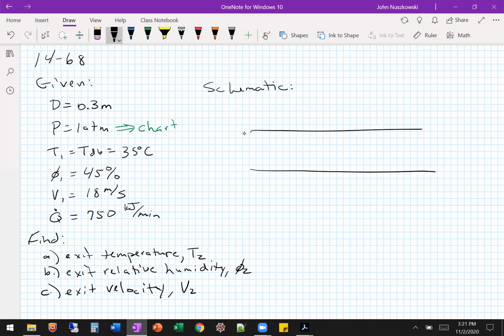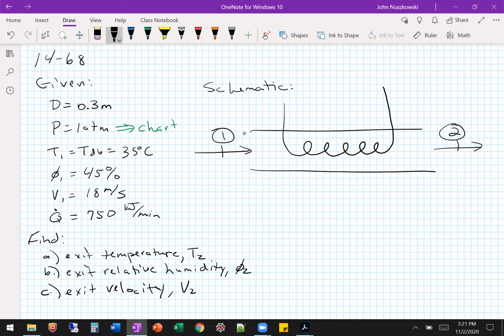All right, so we have our section of duct. Air comes in at state 1, leaves at state 2. We have some cooling section going on here where it's removing heat.